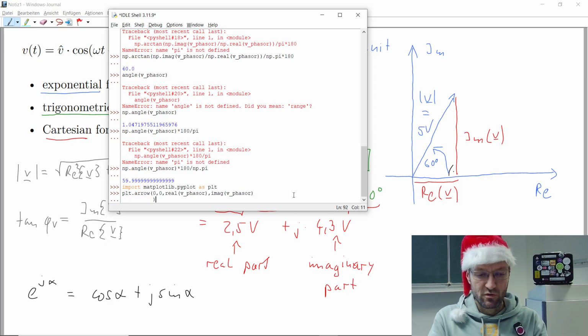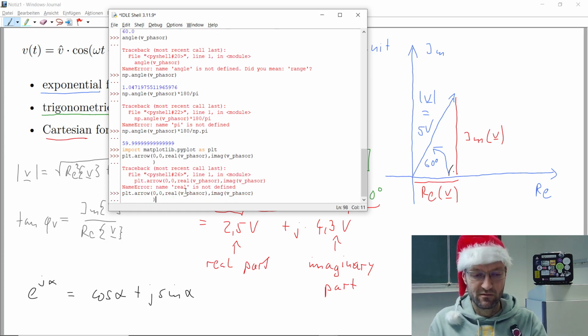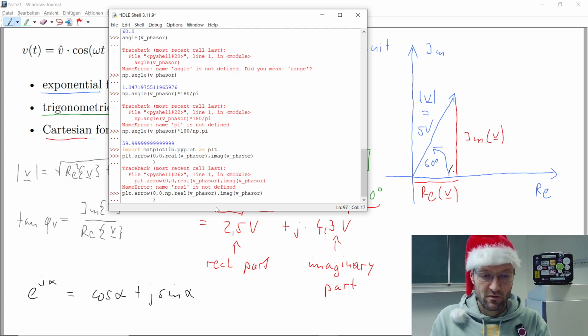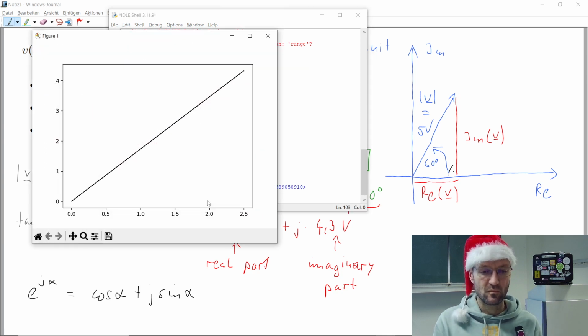I forgot the closing bracket, and then it once again says this is not defined. If you are more used to Octave, this is super annoying. Then it created some object, and with plt.show we can show this, and there is this arrow. I don't know why the arrow did not get a tip at the top, but it's pointing from 0, 0 to this.